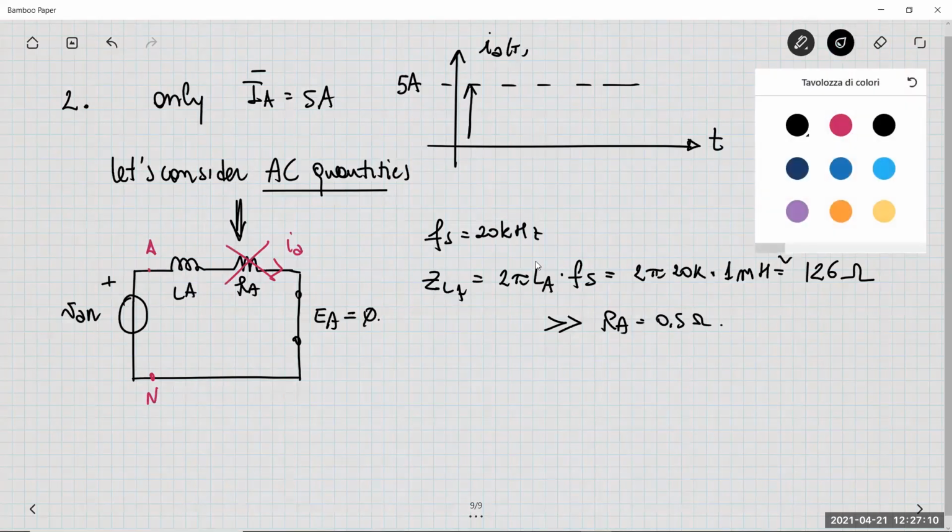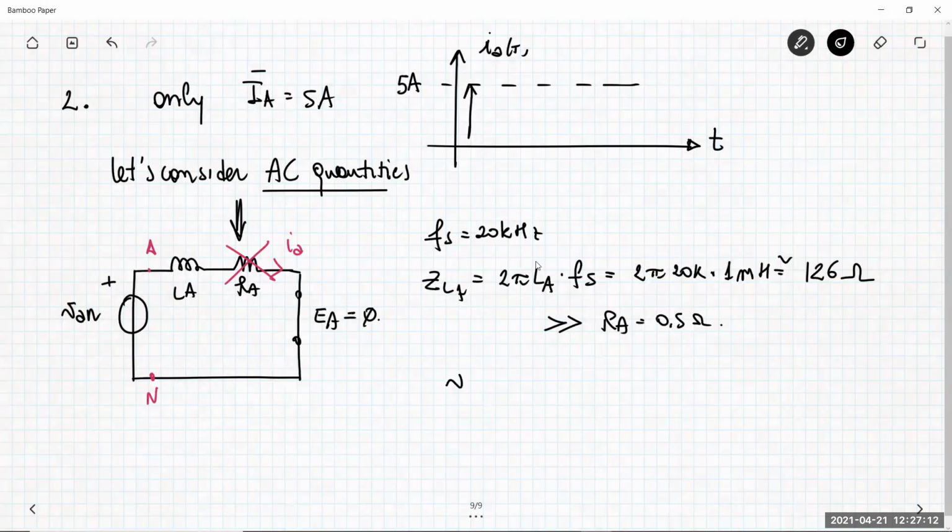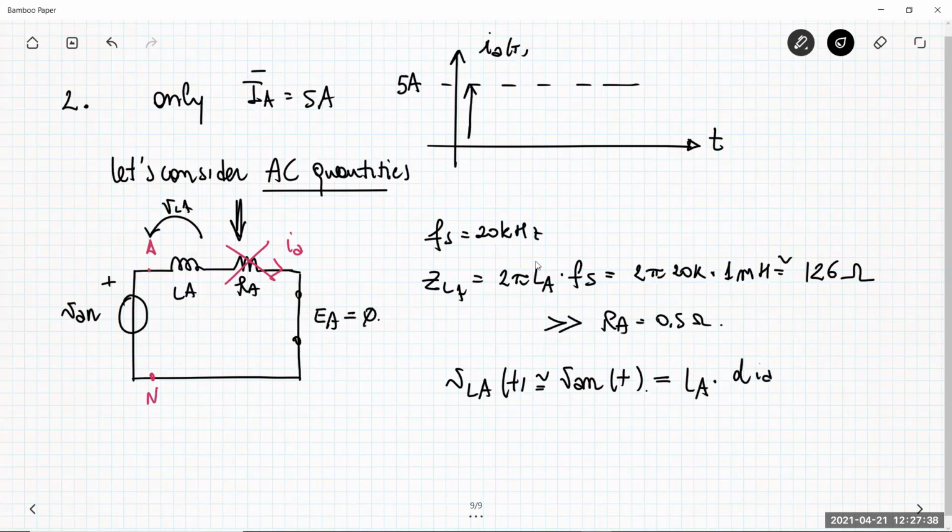So with this hypothesis, the voltage VLA, the voltage across the inductance, is basically the same as the voltage VAN, which is the AC contribution. Also remember that VLA is LA dIA over dt.